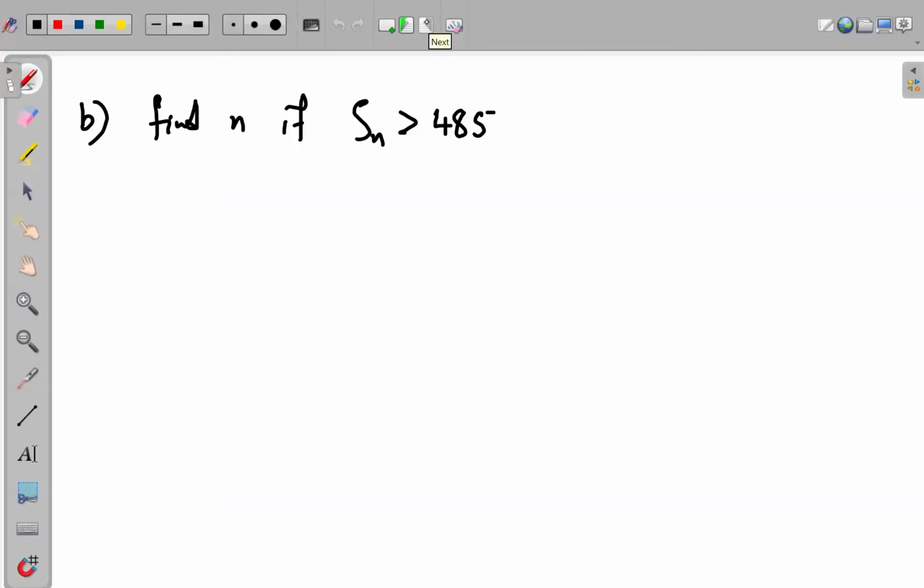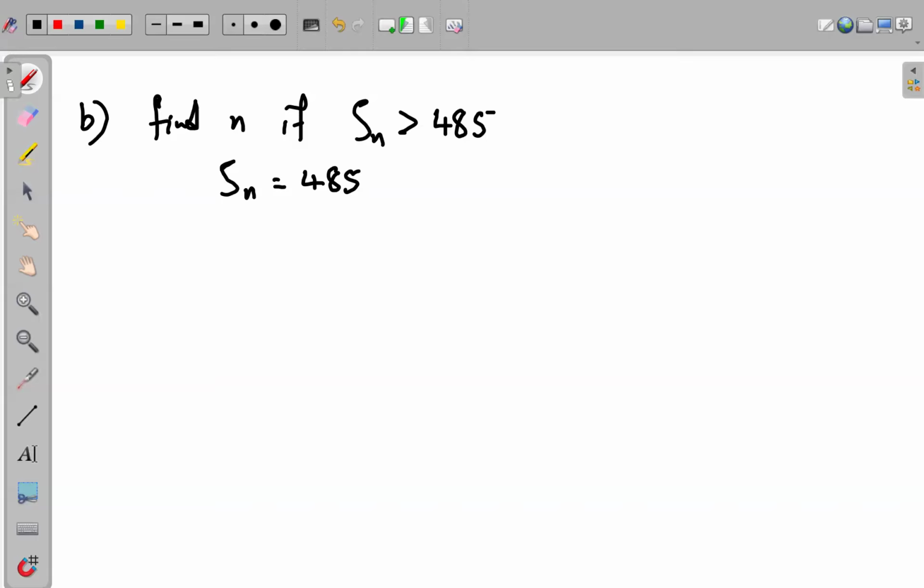Now, if you remember correctly, this is what I said. Whenever we want to work out this type of question, we always first start by trying to figure out the exact number of terms that will give me 485. So if 7 terms gives me exactly 485, then I know that 8 terms will definitely give me more than 485.